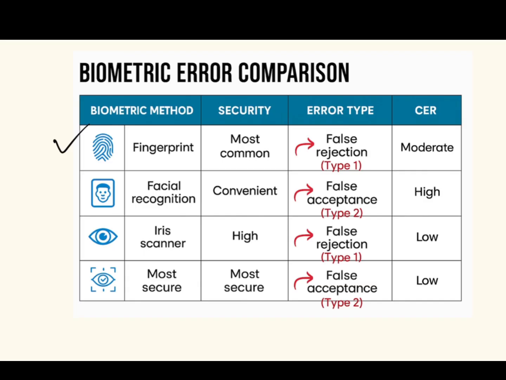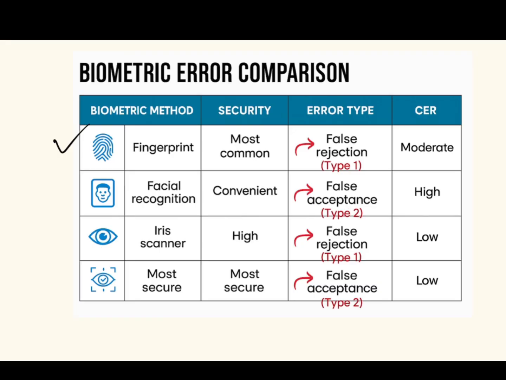You need to use your finger, and sometimes it does not work because if there is some moisture or a dirty finger on it, that might cause access denial, right? So therefore, false rejection could be very frequent, right?